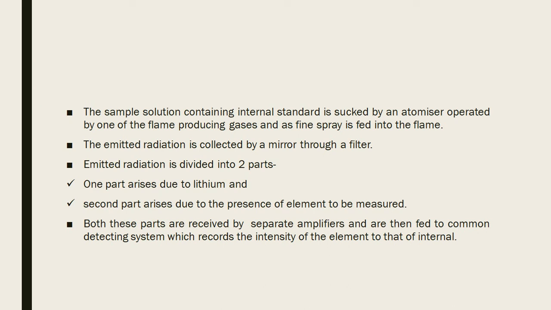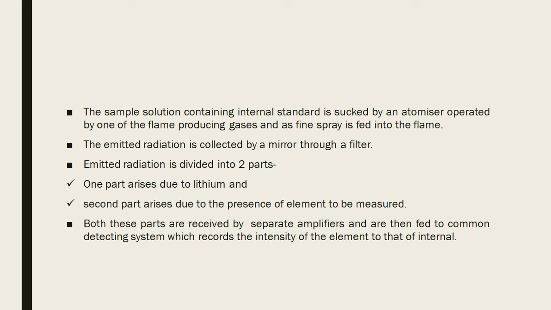Emitted radiation is collected by the mirror through a filter. This emitted radiation arises from two parts. One part arises due to lithium, which we have added as the internal standard, and the second part arises due to the element to be measured, our analyte.